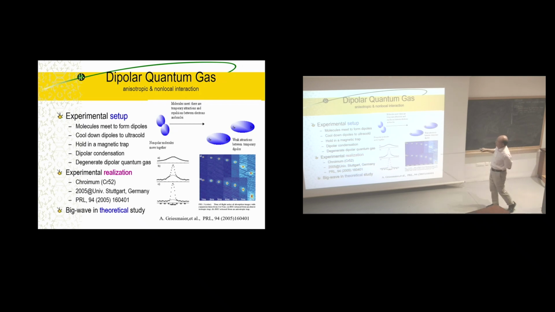The first experiment was realized in 2005 with chromium 52 in Stuttgart. This is a typical first experimental result. Due to the anisotropic and non-local interaction, you have a new freedom to play with the dipole orientation, which has generated a lot of theoretical and experimental study.